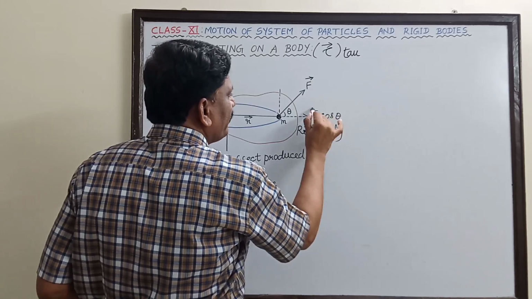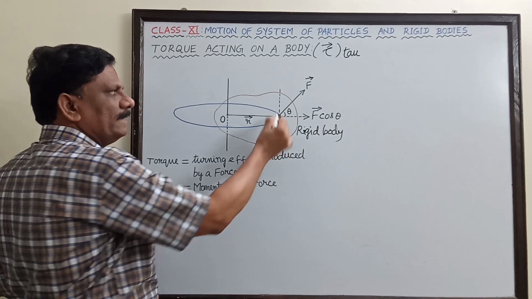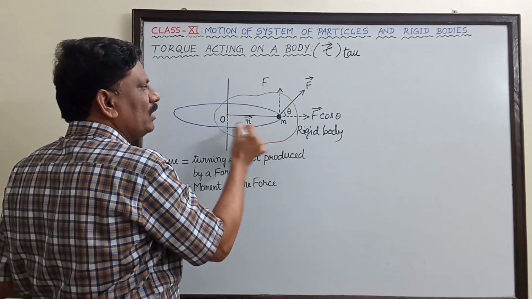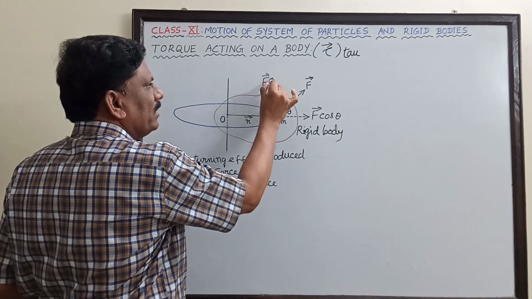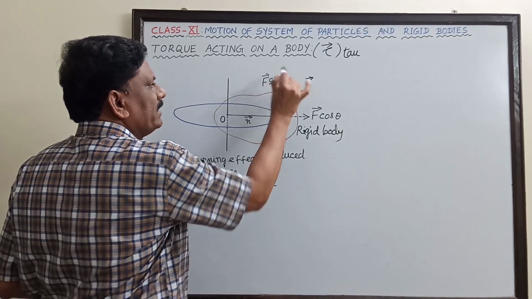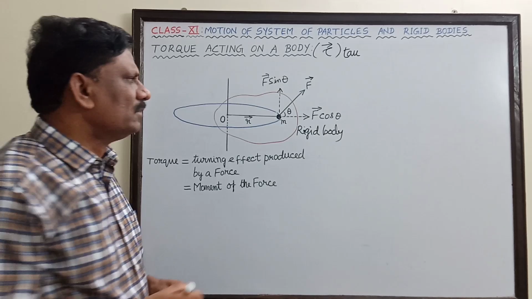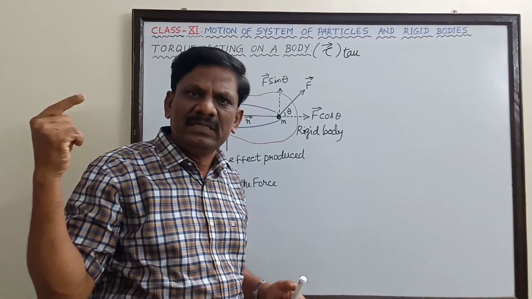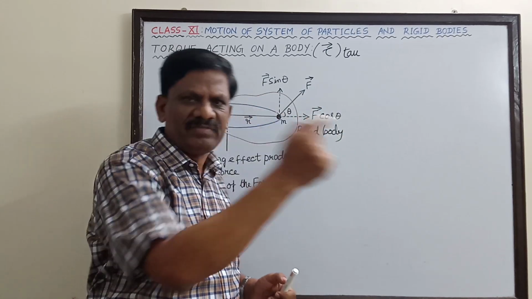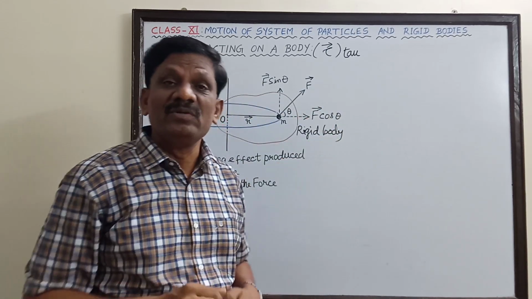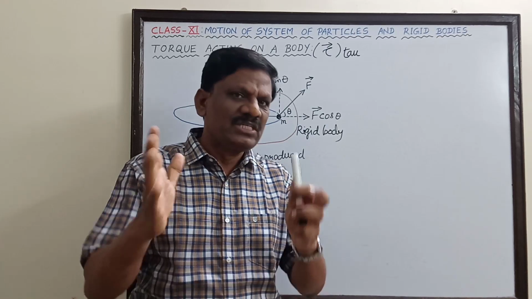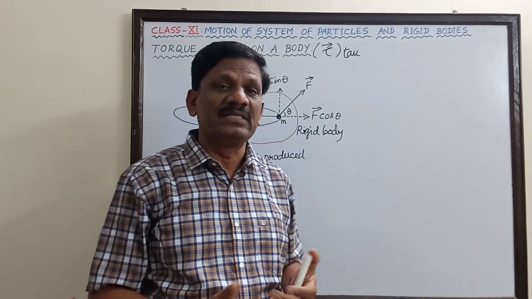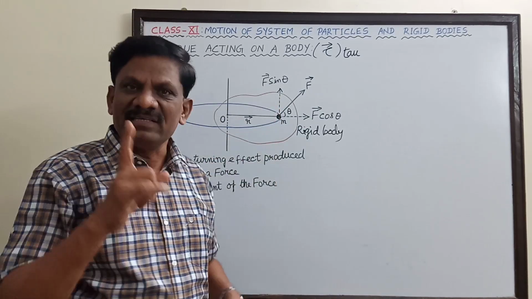The component perpendicular to the r vector is F sin theta. Since F cos theta acts along the length of the rod, it does not produce any rotation. So which component is responsible for producing the rotation of this object? That is F sin theta.